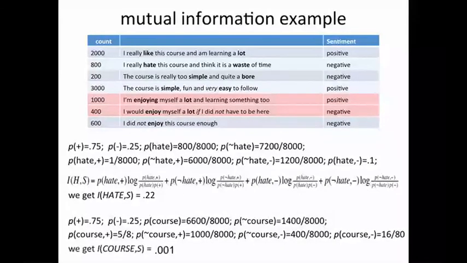Now the value of mutual information between coarse and sentiment is a bit bigger than before, but still much smaller than 0.22. What this tells us is that coarse is still a poor determiner of whether or not a comment is positive or negative. Something which is intuitively obvious to us. What's interesting is that using mutual information, a computer can determine such facts from examining vast volumes of data.